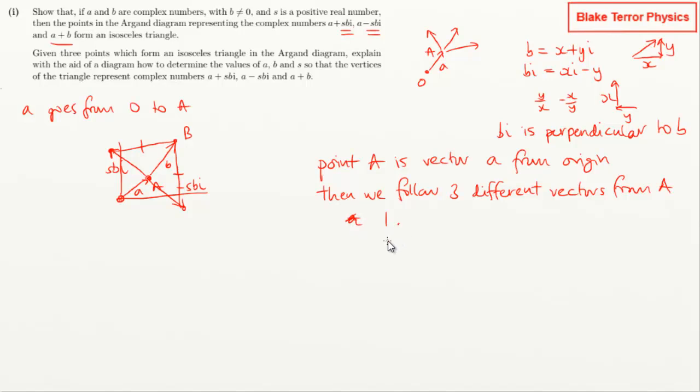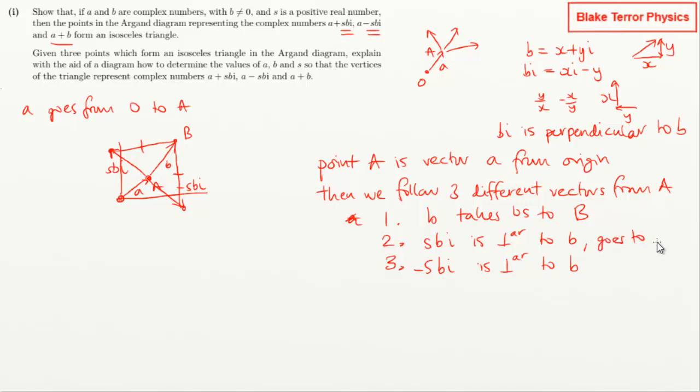So 1, 2, 3. B takes us to B. We could say SBi is perpendicular to B, and minus SBi is perpendicular to B, and then we could say it goes to, let's have some more points on this, I'll call it S and this one S prime.